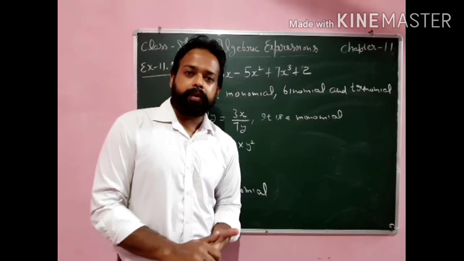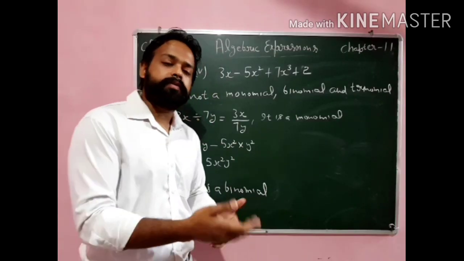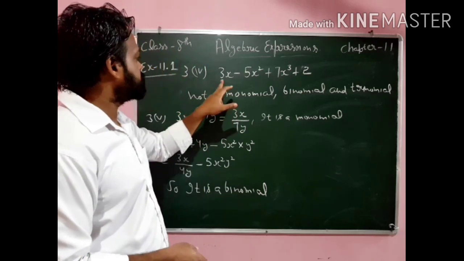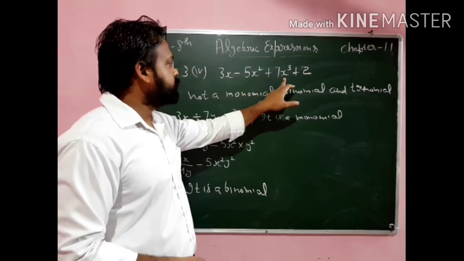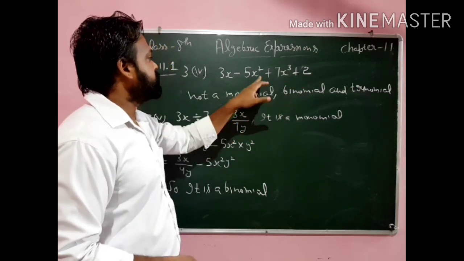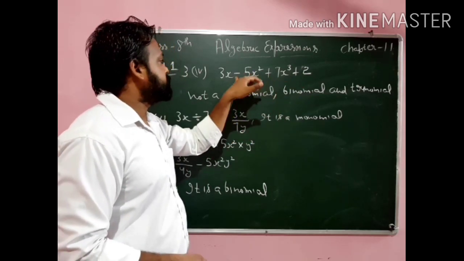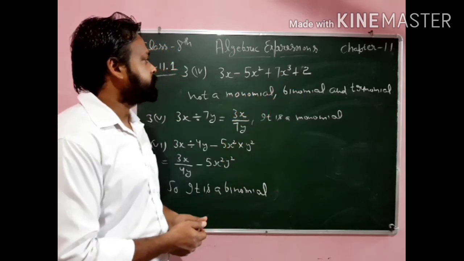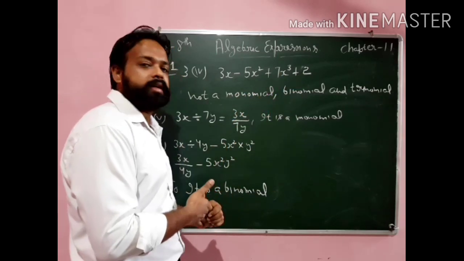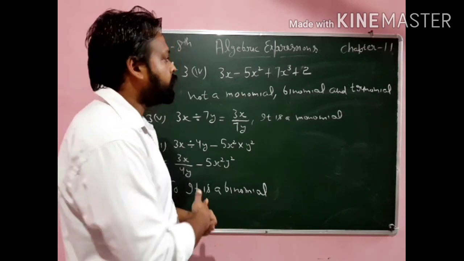Okay, now in the fourth part this is given to us: 3x minus 5x square plus 7x cube plus 2. You can see the minus sign is there, and the plus sign is there two times. It means these signs are separating the terms. So how many terms are there?